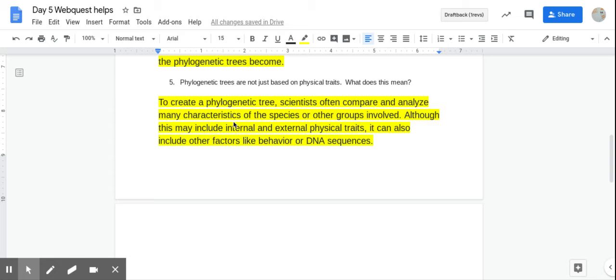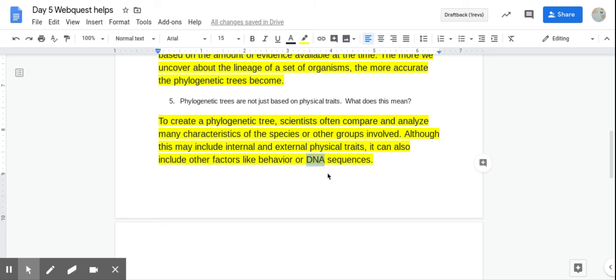That includes external and internal physical traits, but we also start looking at DNA. When we start seeing similarities in a DNA sequence, that also impacts where these organisms are put on a phylogenetic tree. So that takes care of the help for this web quest.